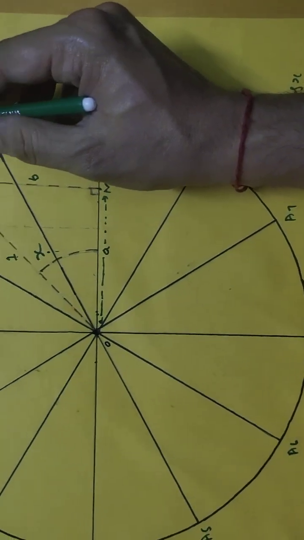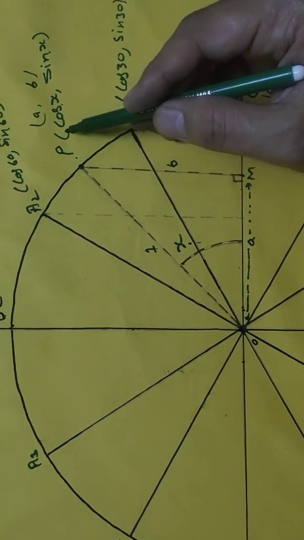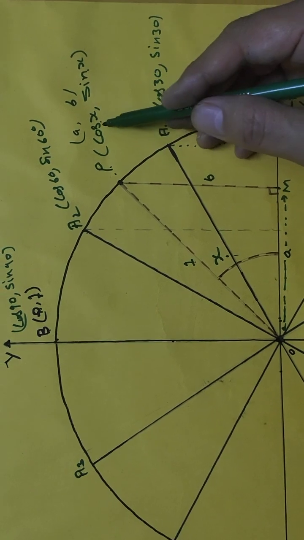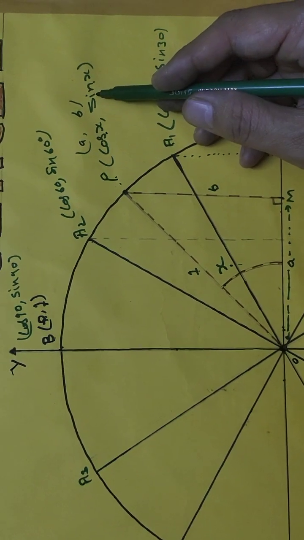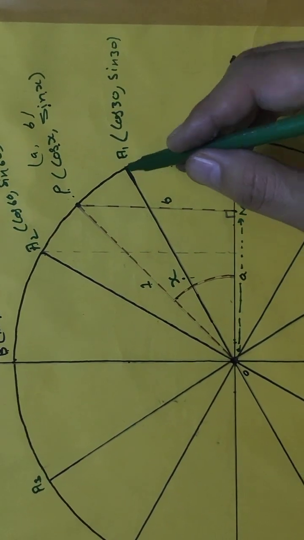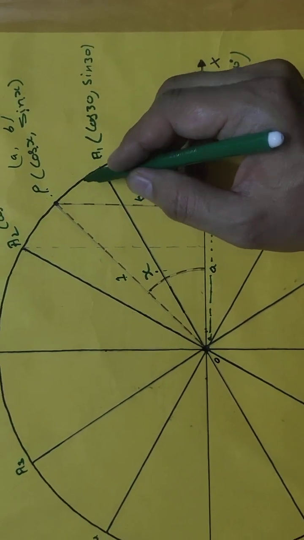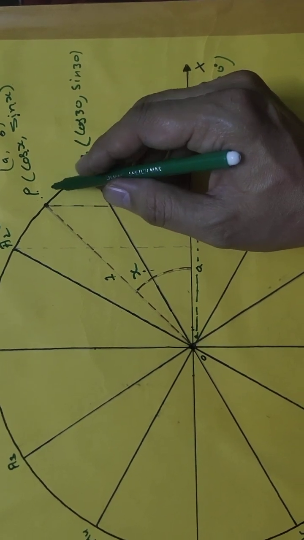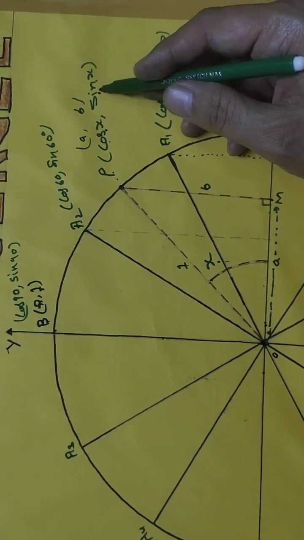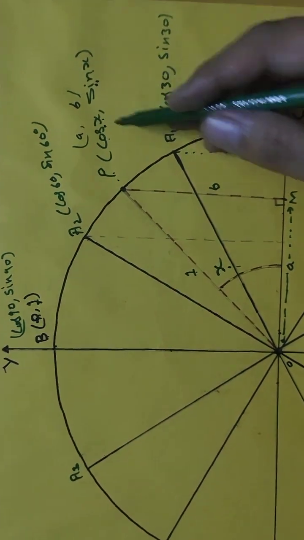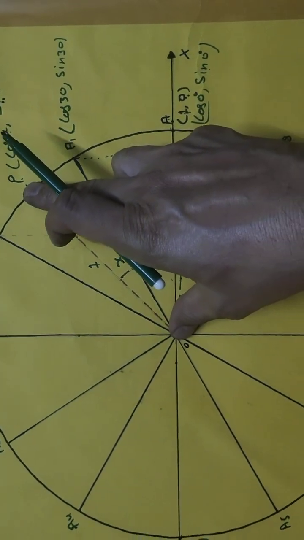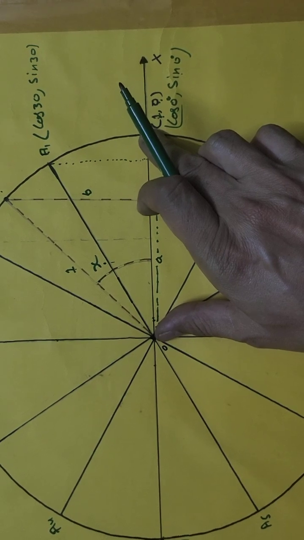So here you can see why I have written coordinate of point P, A comma B, as cos x comma sine x. So it means any point that lies on the circle has coordinates of the form cos x comma sine x, where x is the angle made by OP with the positive direction of x-axis.